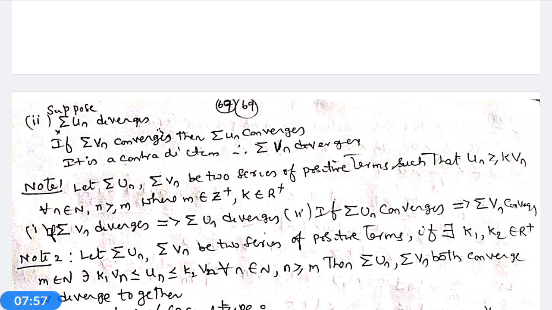If sigma vn converges, then by result 1, sigma un converges. It is a contradiction. Therefore, sigma vn diverges. Hence the second result. This is the comparison test of first kind.